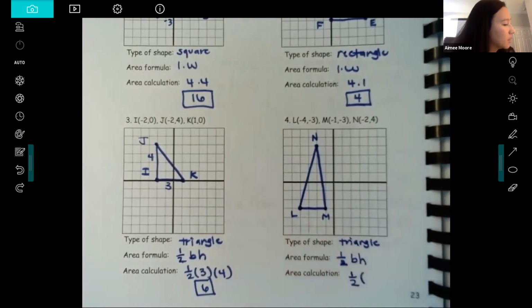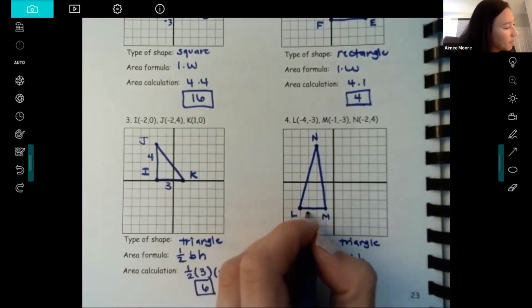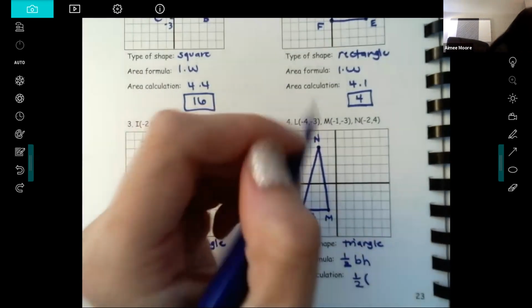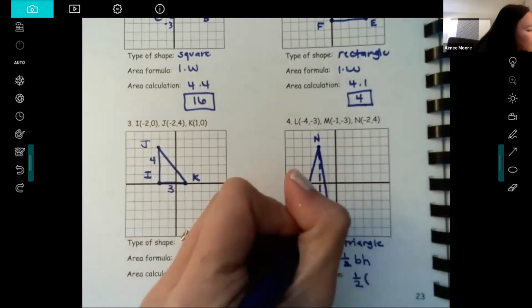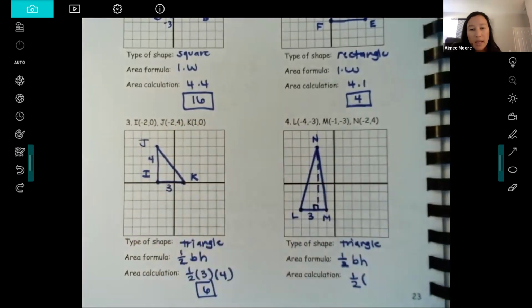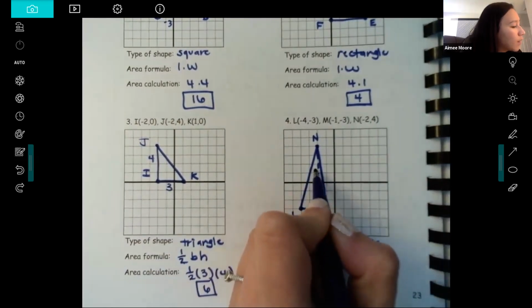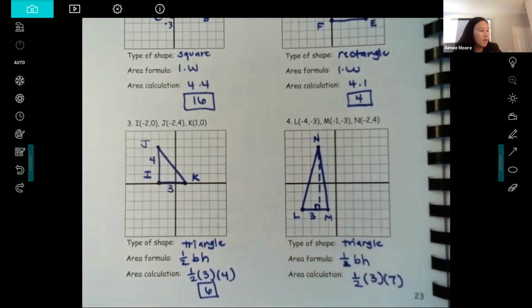So what's our base? 3. Good. Okay, and then our height, remember it has to form a right angle. So this right here is going to be our height because that forms a right angle with the base. So that is 1, 2, 3, 4, 5, 6, 7. So we do half of 3 times 7, which 7 times 3 is 21.